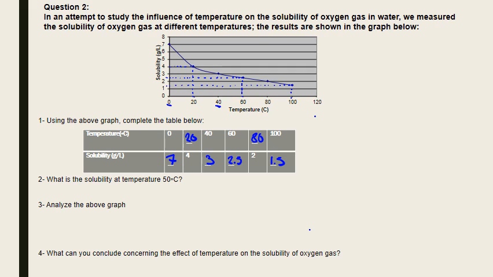Two says, what is the solubility at temperature 50 degrees? We look between 40 and 60. We take roughly half. We use a ruler. So that's about around 2.8 or 2.9.